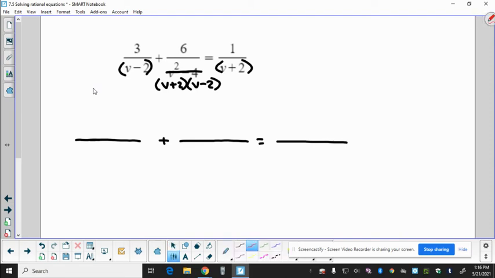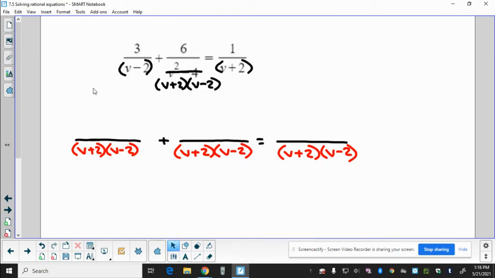All right, so what do you think the common denominator is, or the least common multiple? I'm thinking v plus 2 times v minus 2. Because every one of those denominators would divide into this, wouldn't it? And it's the smallest expression that gets the job done.